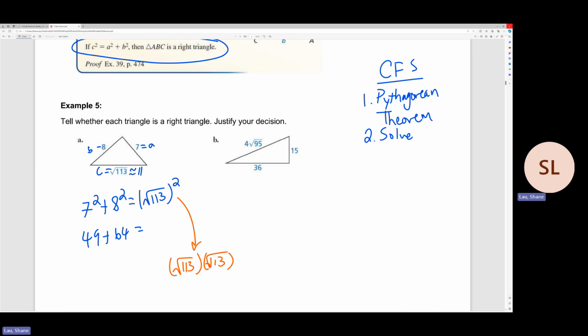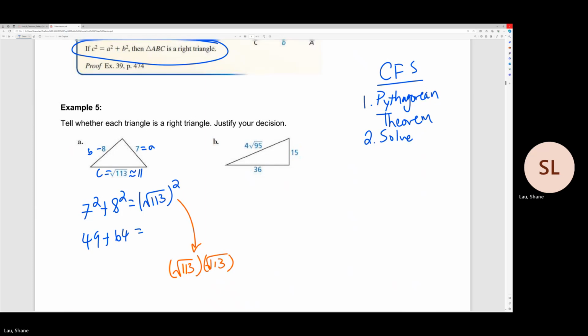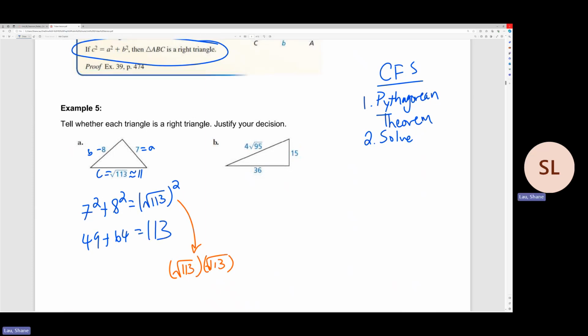So we're actually left with 113. Well, 64 plus 49 is 113. And of course, 113 equals 113. So yes, it is a right triangle.